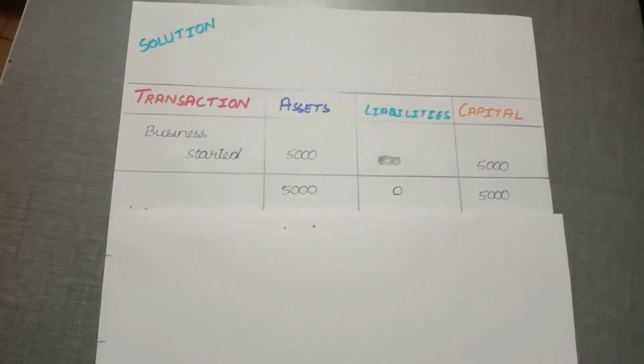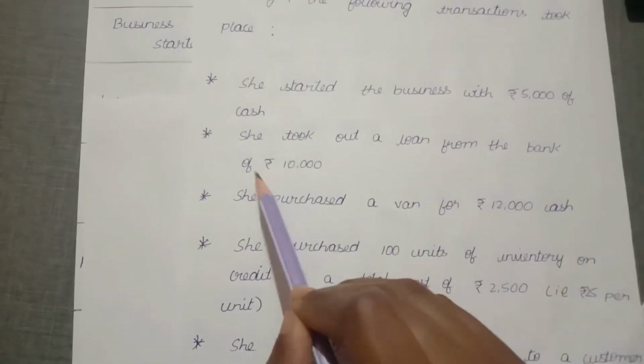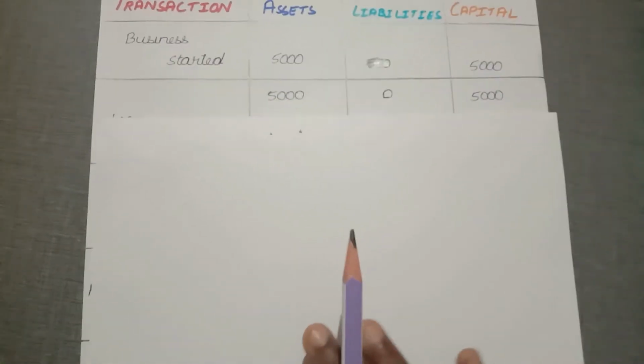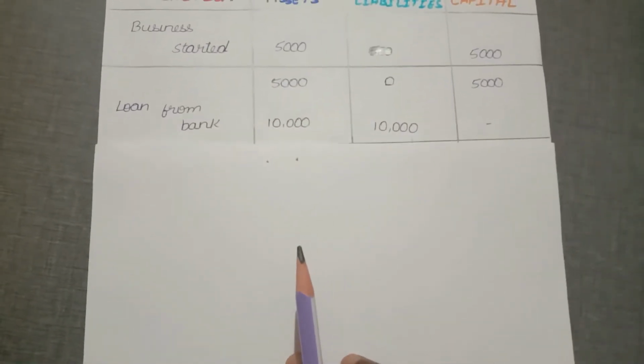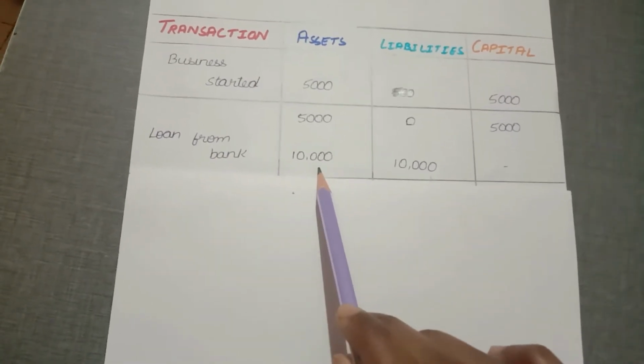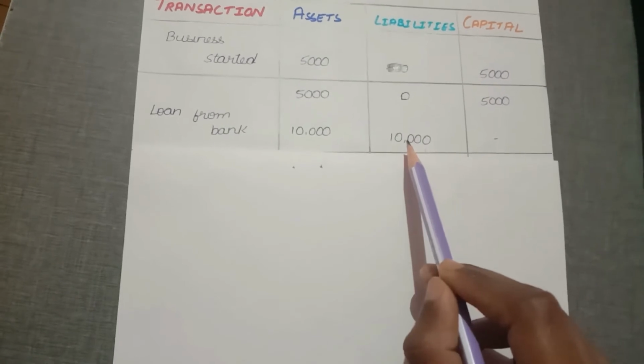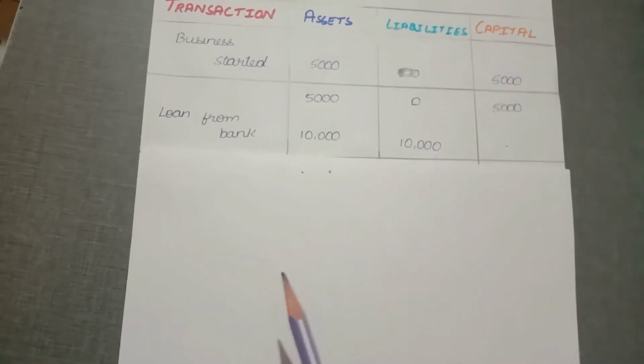The next transaction is she took out a loan from the bank of rupees 10,000 for developing her business. The transaction would be loan from bank, that is 10,000. While taking a loan, it is a liability, so we have to write it on the liability side, that is 10,000.